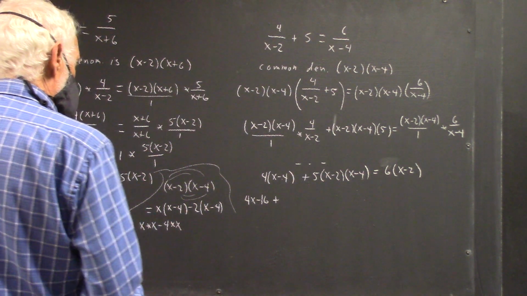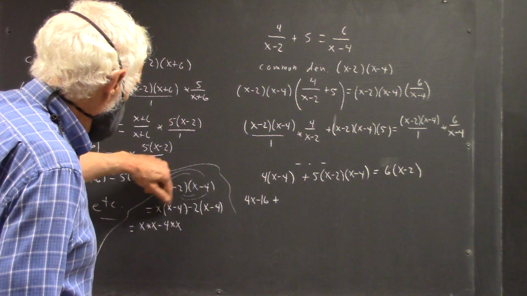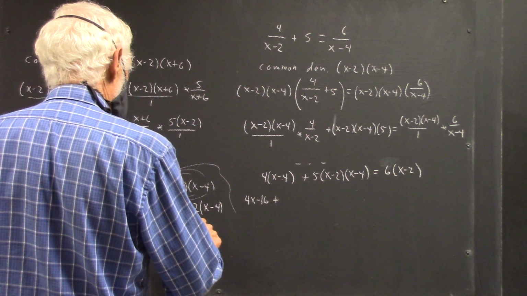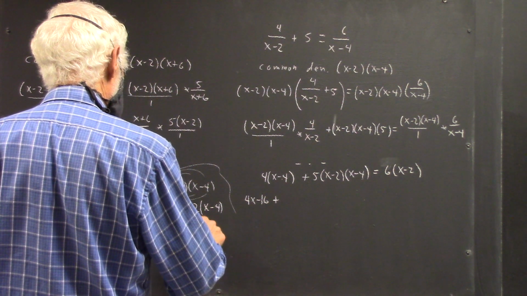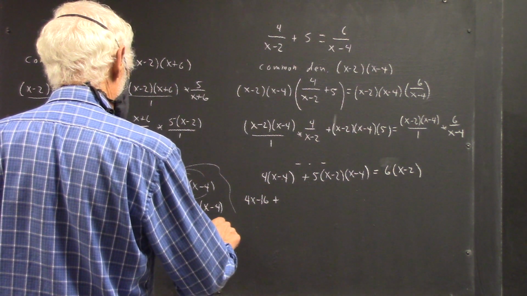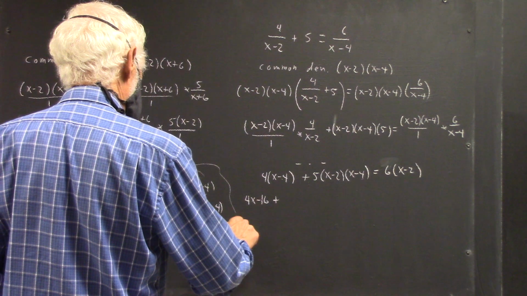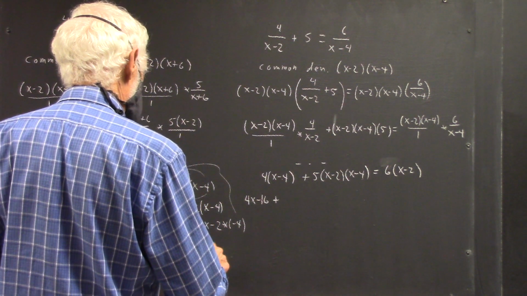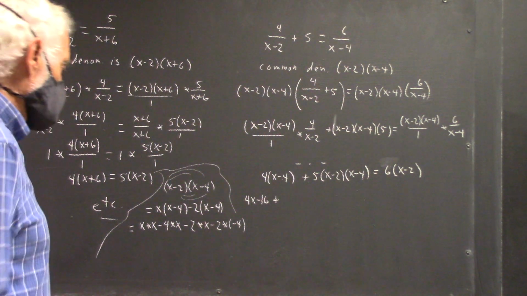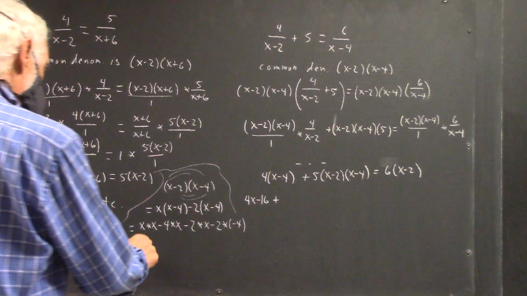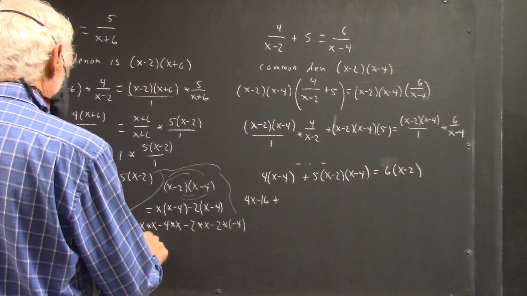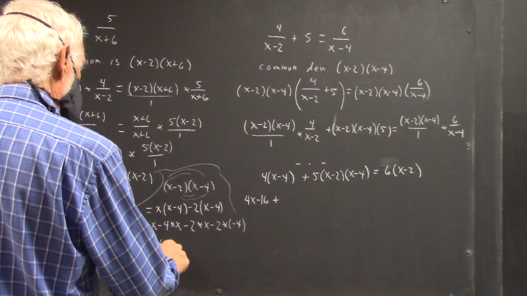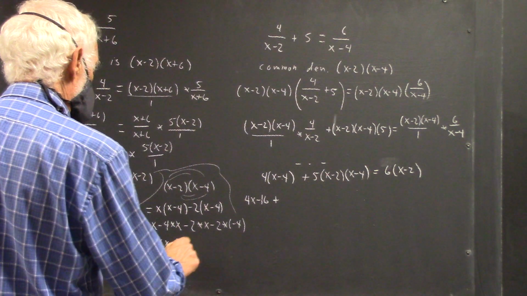Now we use the same law. This is x times x minus 4 times x. I'm taking a few liberties right here, but there it is. And this is x squared minus 4x minus 2x is minus 6x plus 8.